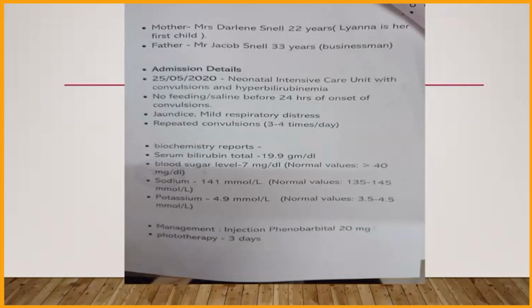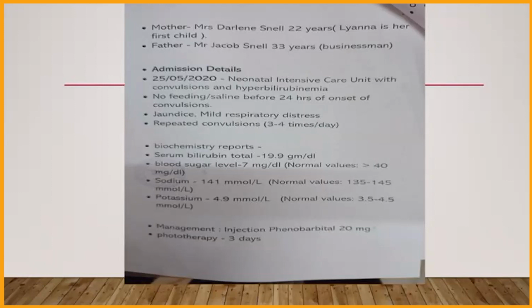Okay, thank you. So the mother is Miss Darnell Snell. She's about 22 years and this is the mother's first child. Father, Mr. Jacob Snell, 33 years, businessman. Admission details, she was admitted to the neonatal intensive care unit. This baby was admitted with convulsions and hyperbilirubinemia.